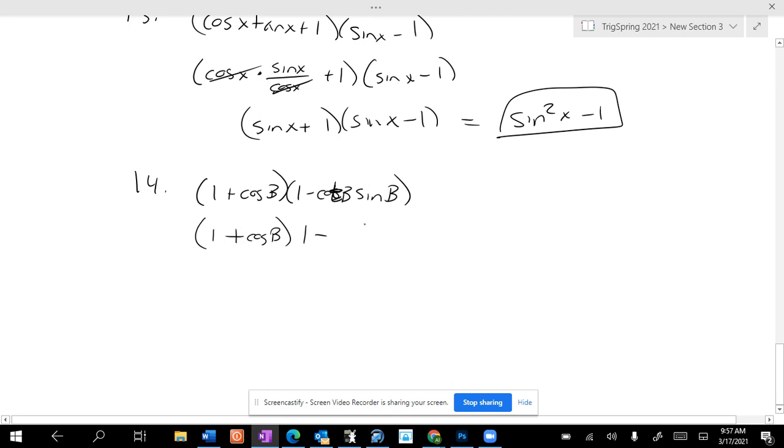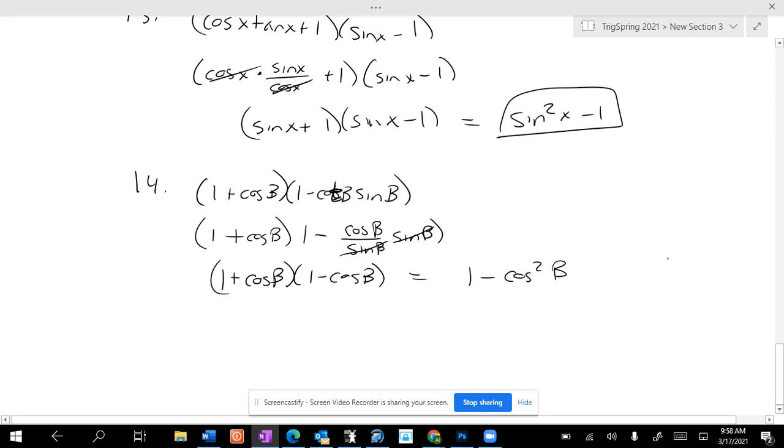So what is cotangent the same as? It's 1 over tan x or cos x over sin x. How about cosine over sine? Yeah, that's what I want. So then our sines cancel. So we have 1 plus cosine times 1 minus cosine, which is 1 minus cosine squared. And if you wanted to change that to sine squared, you could. Okay? All right, 15.